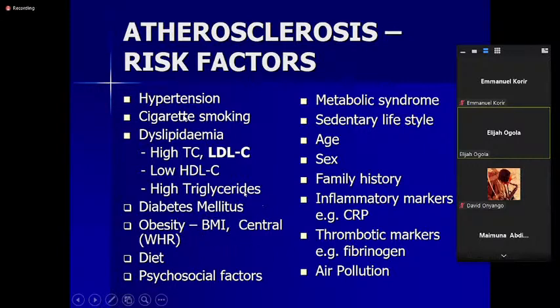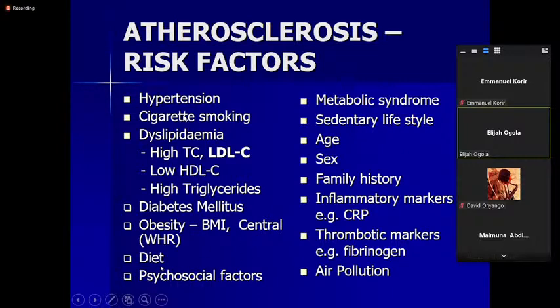obesity. We can measure obesity overall by using the body mass index, but we can also assess the distribution of fat, where it is, because central obesity is more harmful than peripheral obesity.